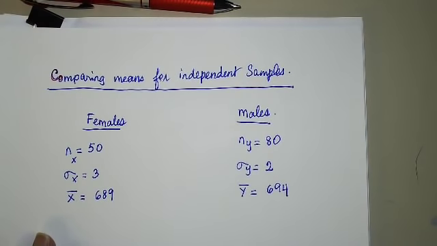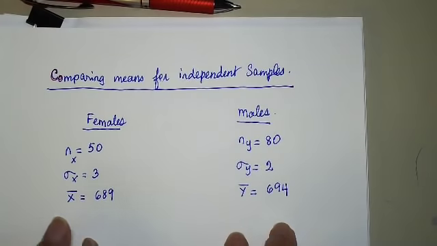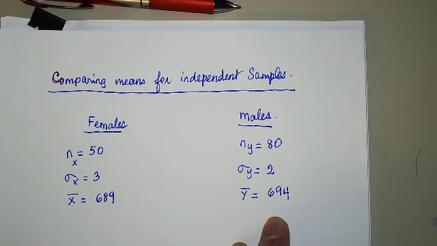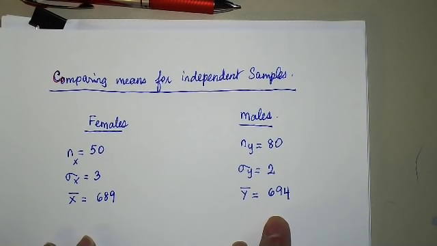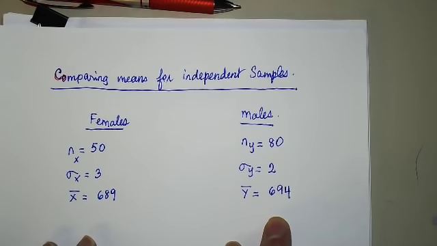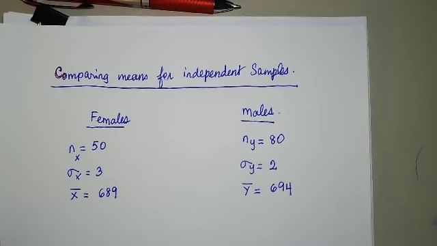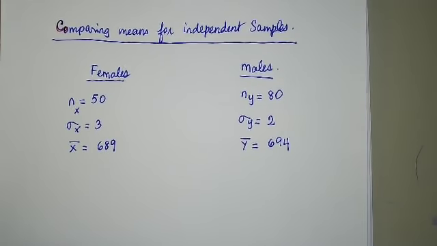And let's say that x bar is equal to 689. That's the female score. Some smart people here. And y bar is equal to 694. So I have two independent samples here.